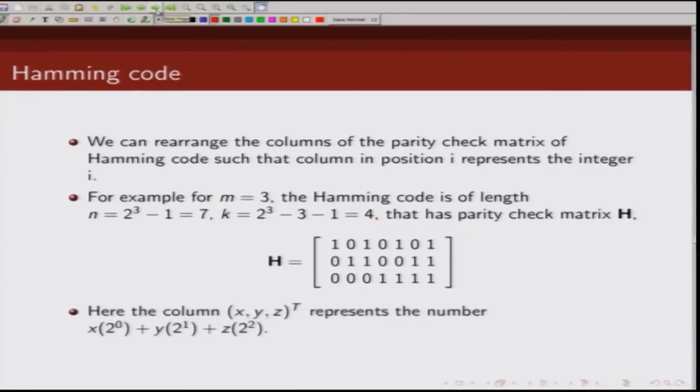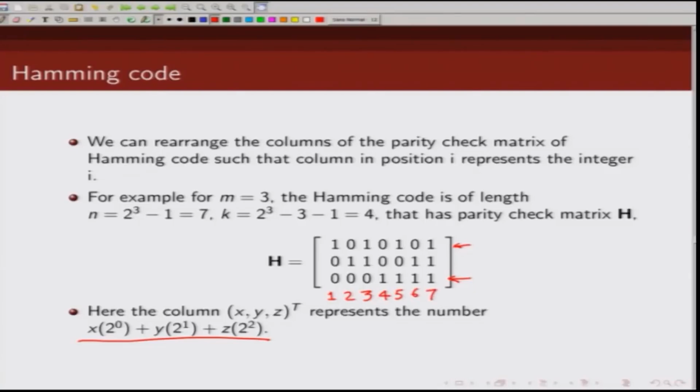Each column represents a number in this particular way. So, this is 0 0 1, that is binary 1. So, this is my column number 1. This is 0 1 0, that is 2, 0 1 1, that is 3, this is 4, 5, 6, 7.